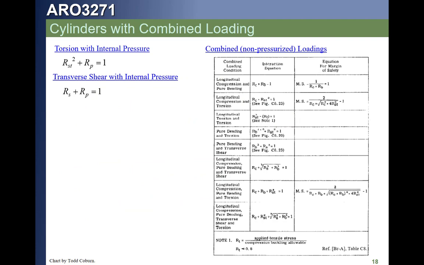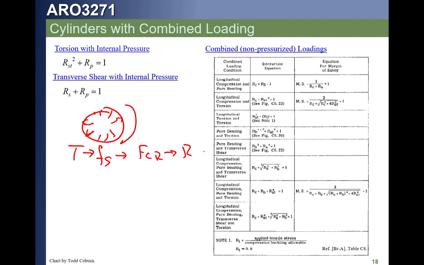There's a little more to be said about handling burst pressure. Suppose we have torsion with internal burst pressure, which means we have a cylinder loaded in torsion with a burst pressure. Well, what this means is that we can evaluate our torque, calculate the torsion stress, and we can calculate our FCR for that torsion and calculate our stress ratio for that torsion.